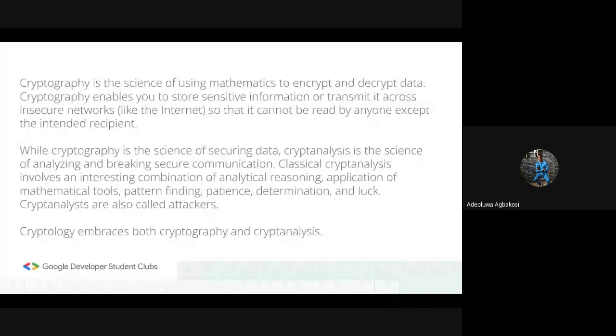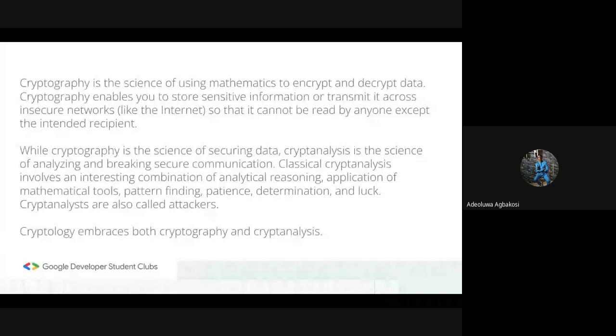Cryptography enables you to store sensitive information or transmit it across insecure networks, like the internet itself. So, only people who are supposed to read the document, that's the author of the data and the intended recipient, can have access to the said document.